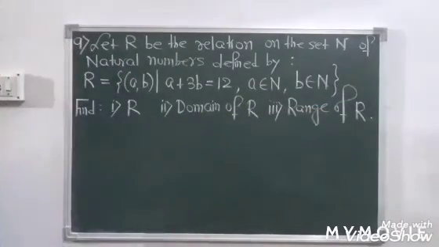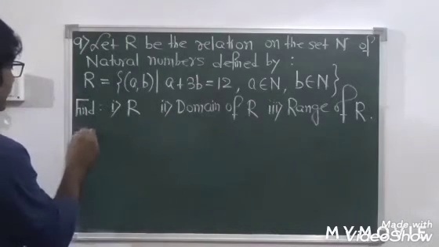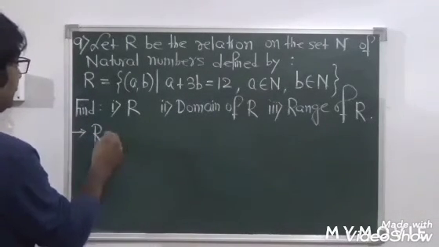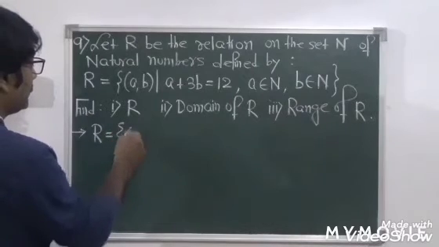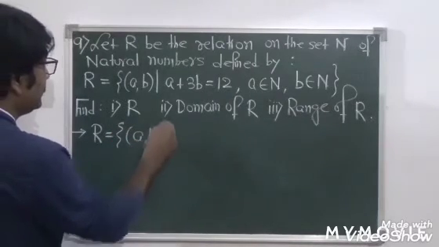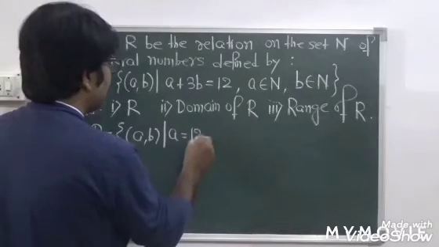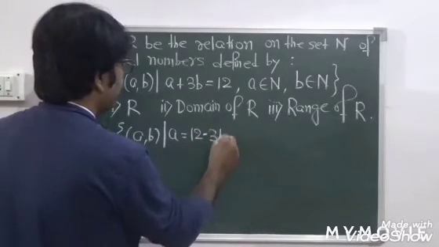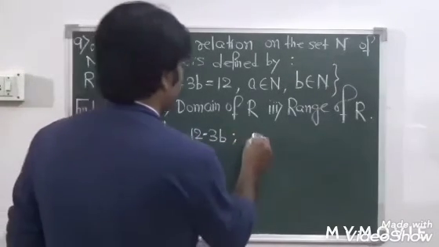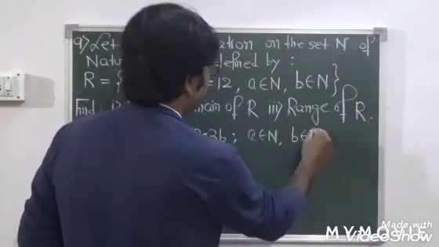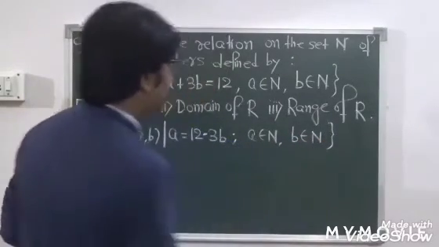Now the first thing that we need to do here is define the relation in the roster form. So the relation is given as (A, B). We can write it as A equals 12 minus 3B, where A belongs to the natural numbers and B also takes values as natural numbers.